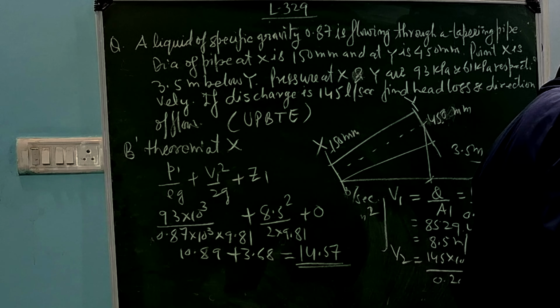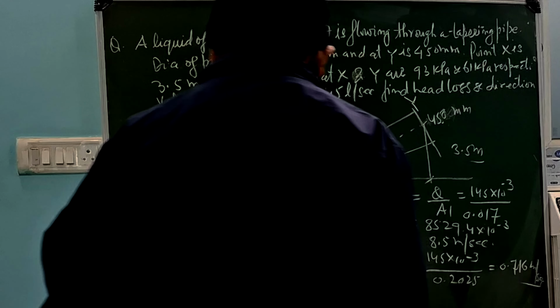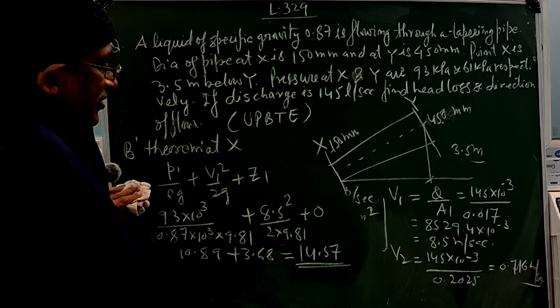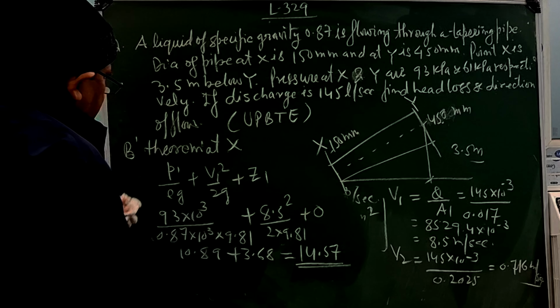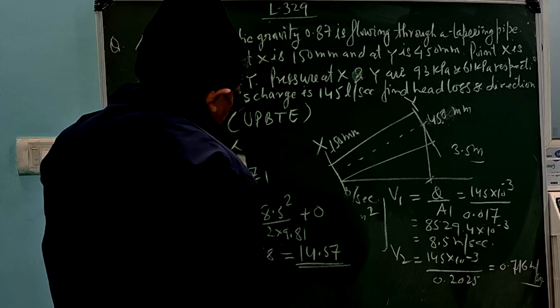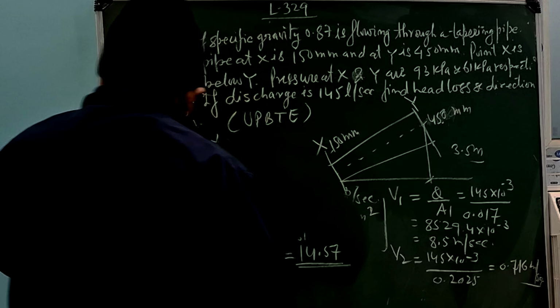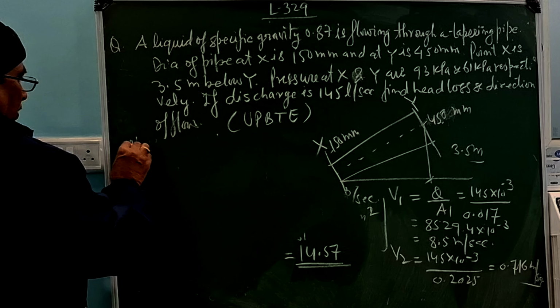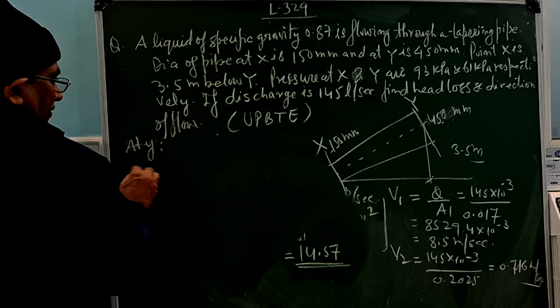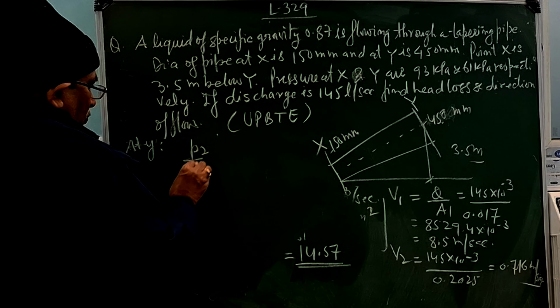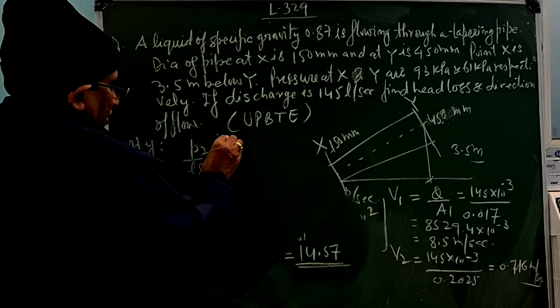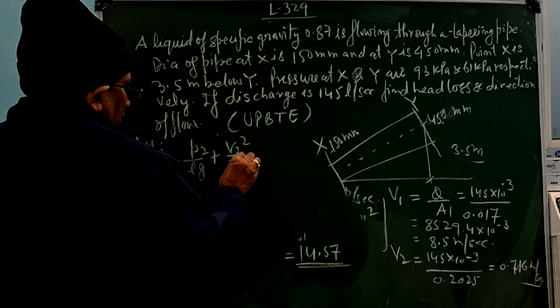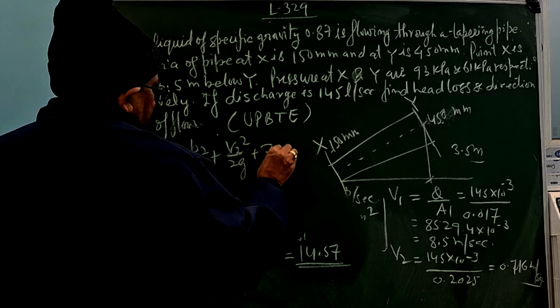And what about y? At y, P2 upon rho g plus V2 square upon 2g plus Z2.